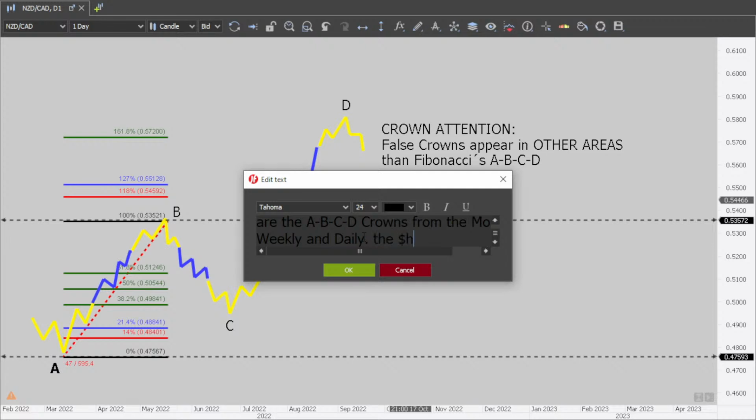The 4 hour chart too, but bear in mind that the lower the time frame, the lower the statistical probability of the edge of the crown.